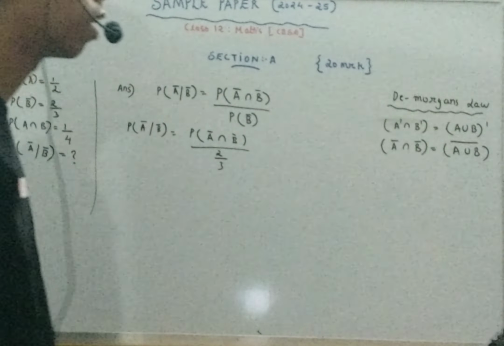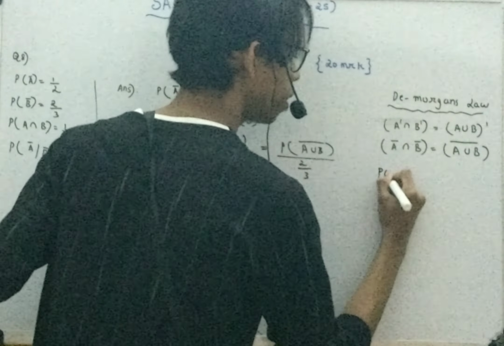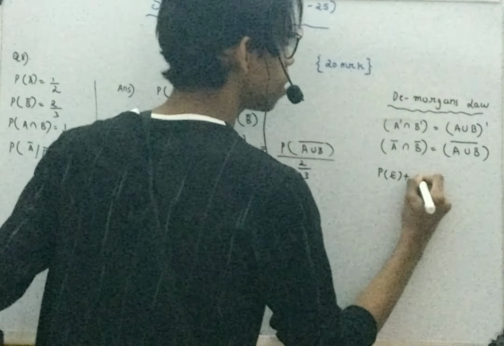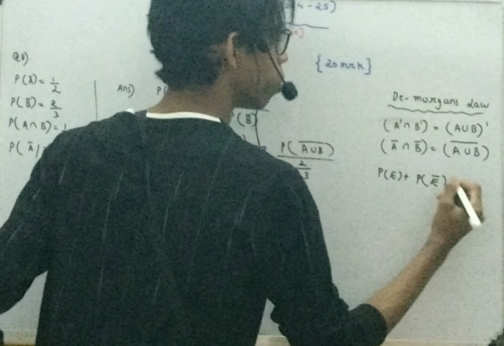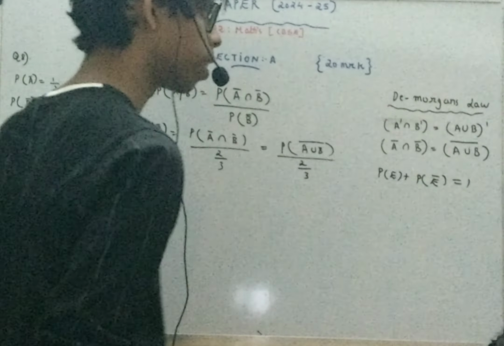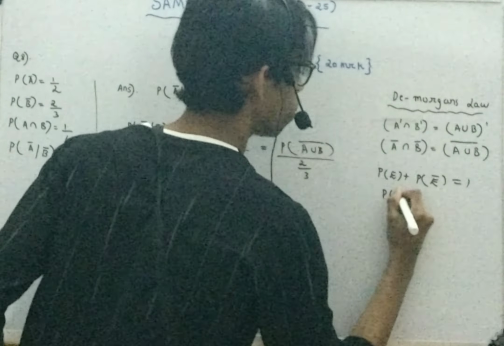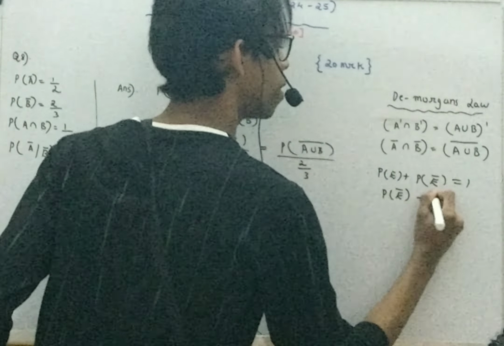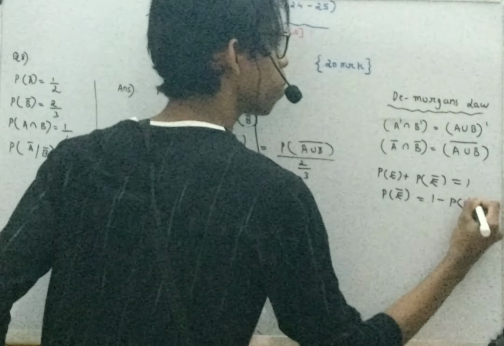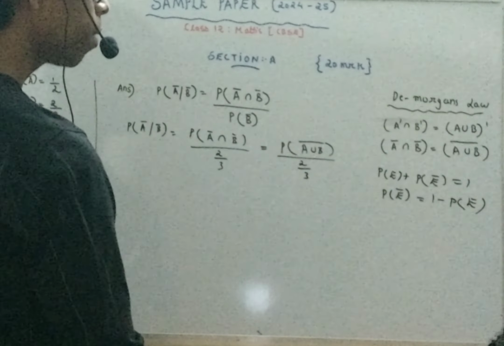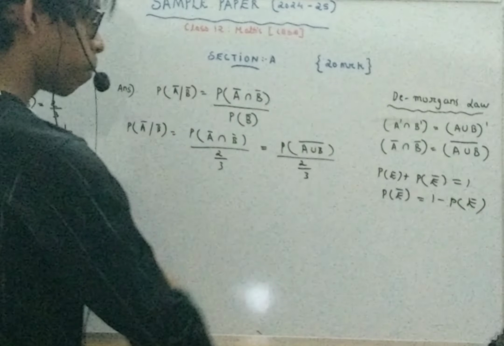So here also I can write P of A union B the whole complement. Using the result that the probability of an event plus the probability of that event not happening is equal to 1, I can write that the probability of the event not happening is equal to 1 minus the probability of the event. So the same concept just apply over here.